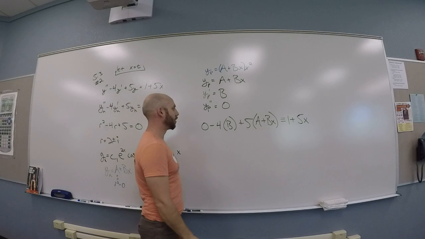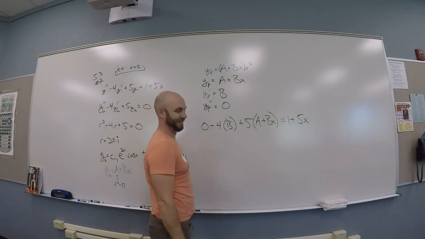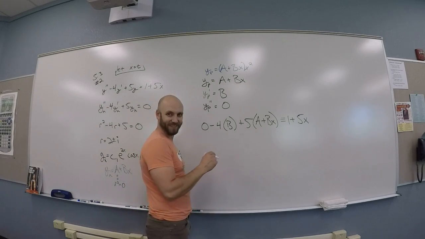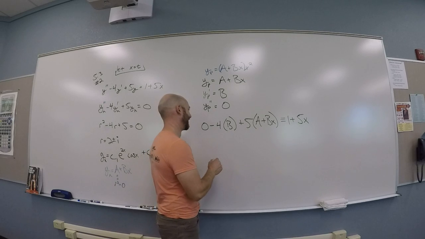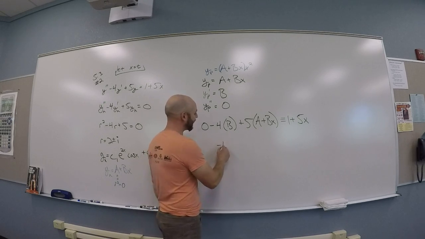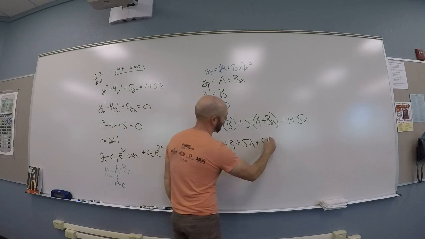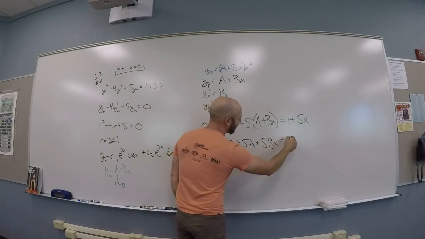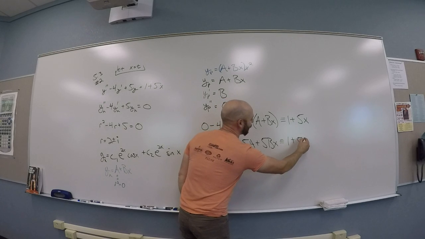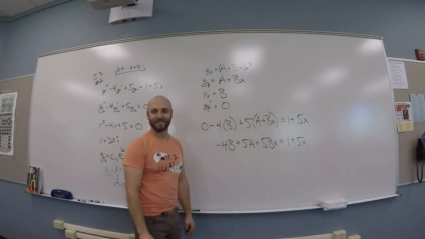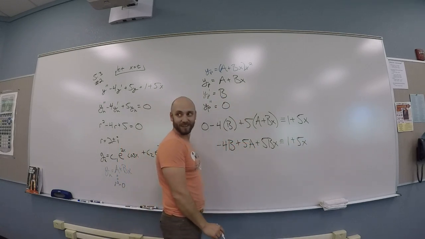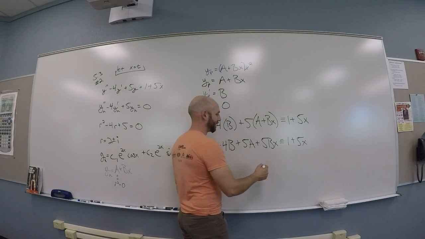Sharp ones? It's the sharp version of a squiggly. What is he talking about? He's saying you collect like terms. So you have minus 4b plus 5a plus 5bx, supposed to be identically 1 plus 5x. What's sharp about this? Is it when you underline the things that are similar?